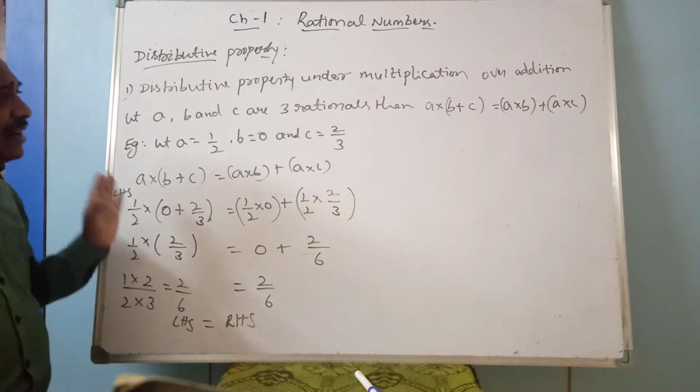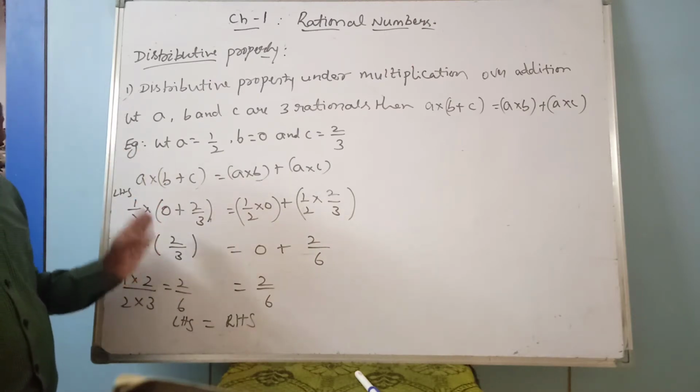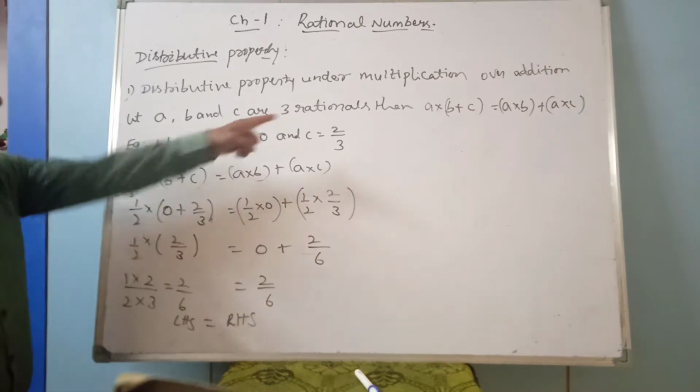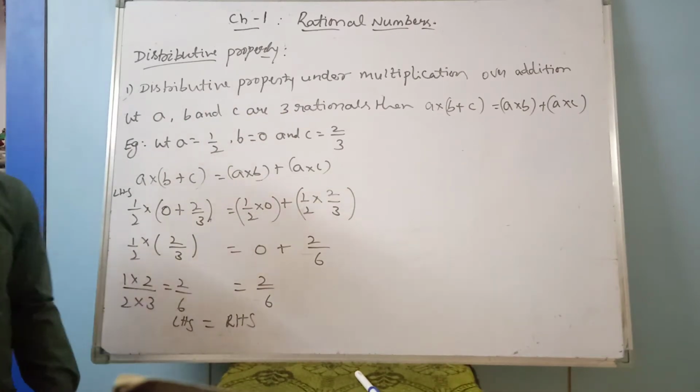Similarly, we have distributive property under multiplication over subtraction of rational numbers.